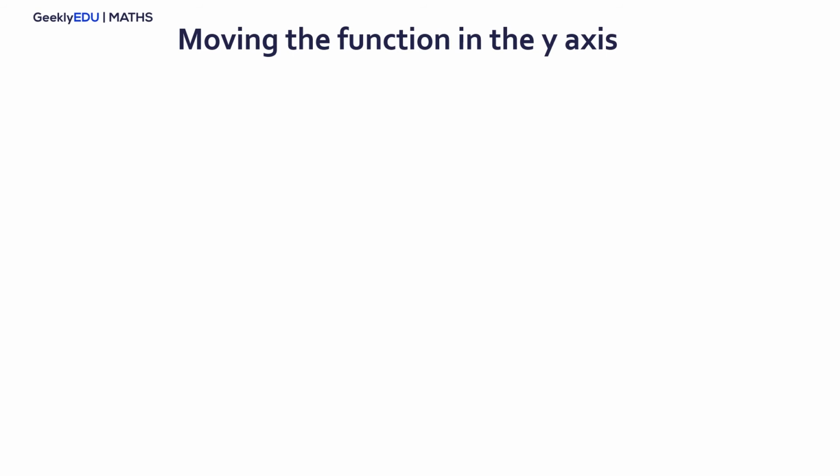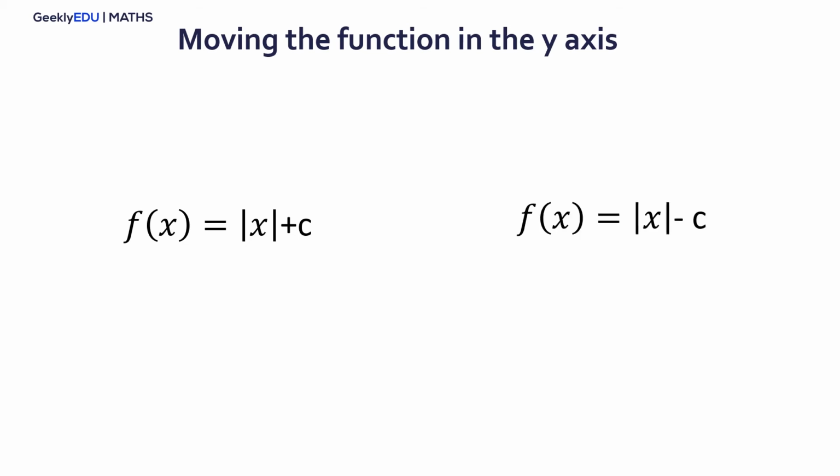The absolute value function will move on the y-axis upward when the function is f of x equal to the absolute value of x plus c. It will move c units upward, and it will move downward when f of x is equal to the absolute value of x minus c.